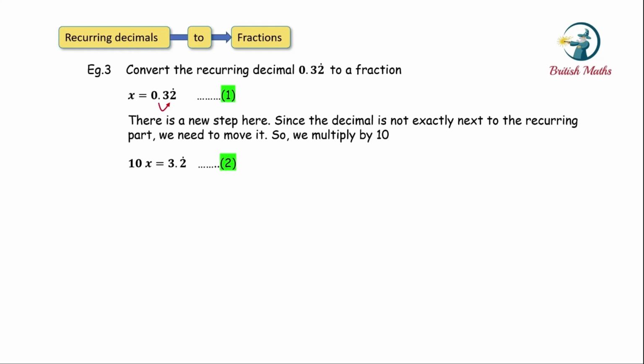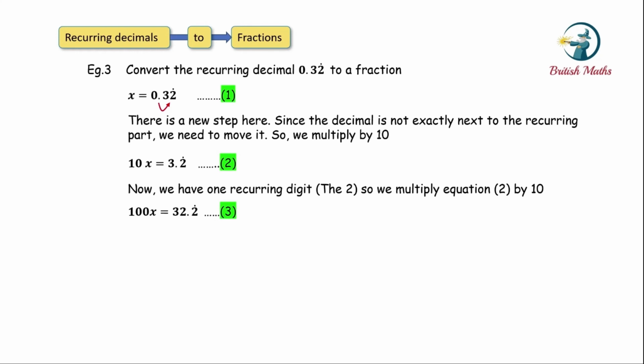Now we have one recurring decimal, the 2. So what do we do? We multiply again by 10. So on the left it becomes 100x, and on the right it becomes 32.2 recurring. When I come to the part where I subtract this equation from that equation, make sure not to forget that we are not only removing the recurring part, but there is a 3 to subtract.